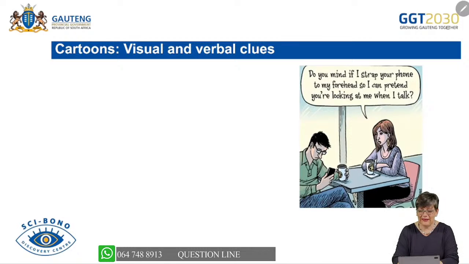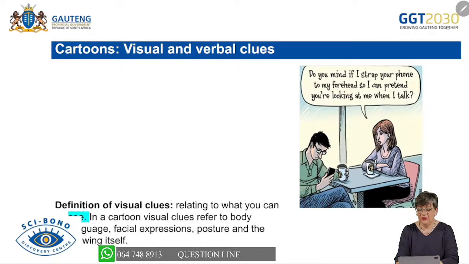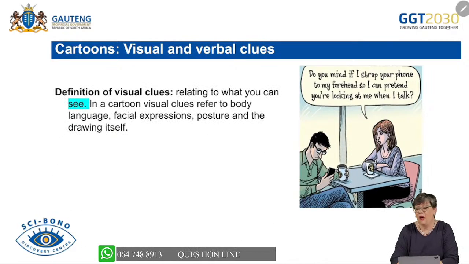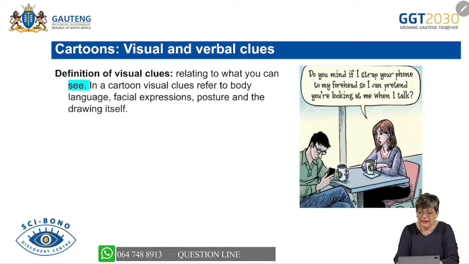Let's just quickly see. I'm just having a technical problem here to get our slide moving. There we go. Now, visual clues is what you can see. Now, in this case, what do we see? Look at the lady here. Her hands are folded. She is looking straight at the gentleman. Can you see there?